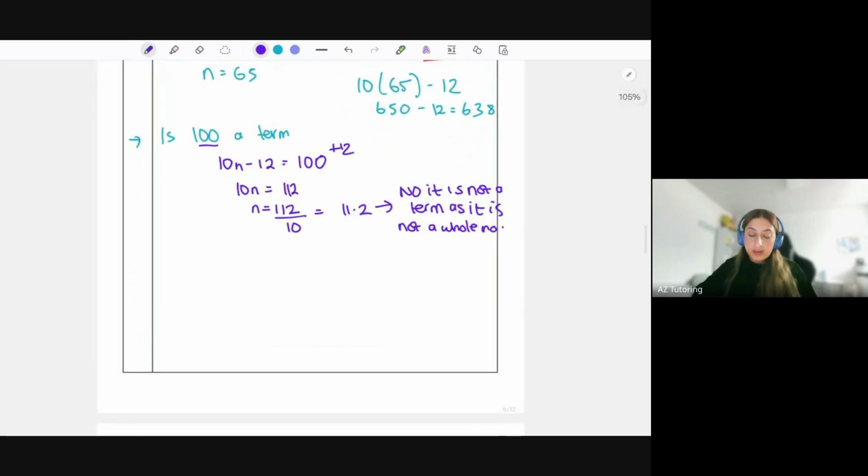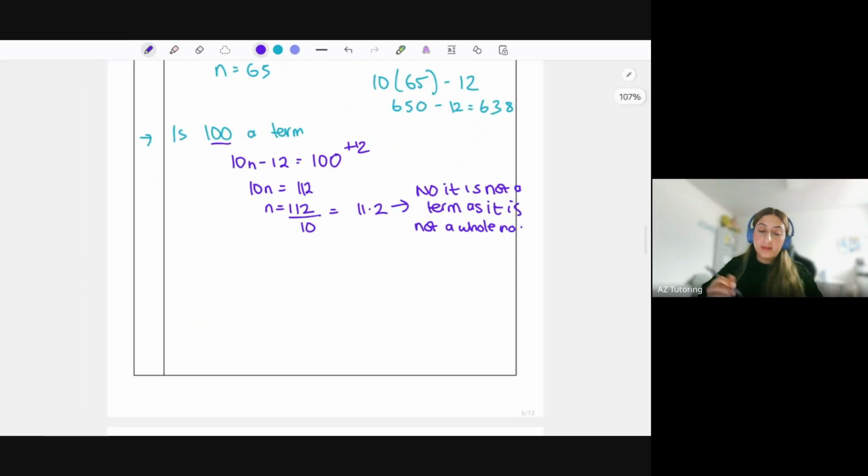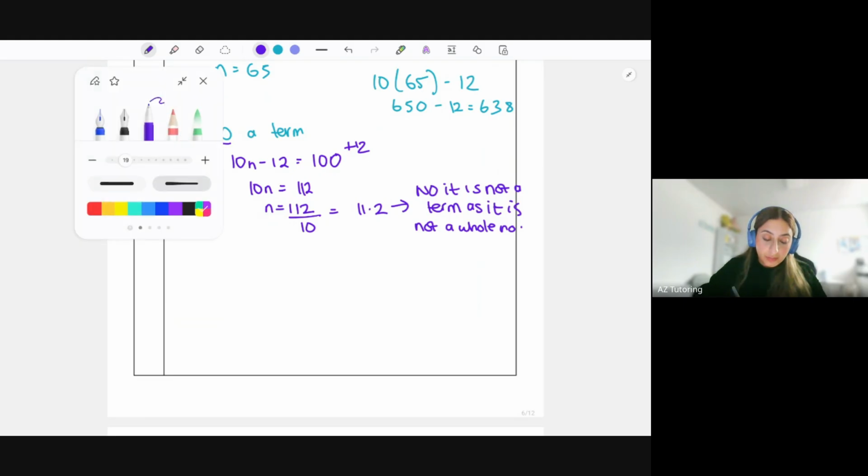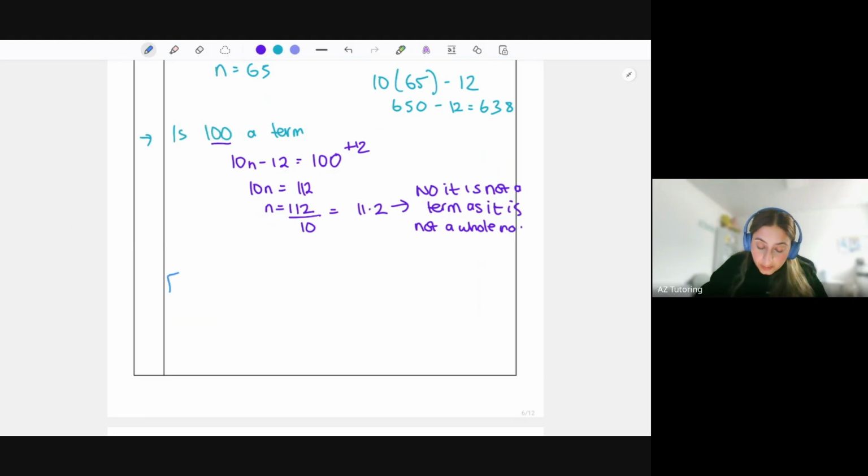On the topic of sequences, there's a few other sequences that I know you need to know about. So, for example, the Fibonacci sequence. The Fibonacci sequence is just 1, 1, 2, 3, 5, 8, 13, 21.